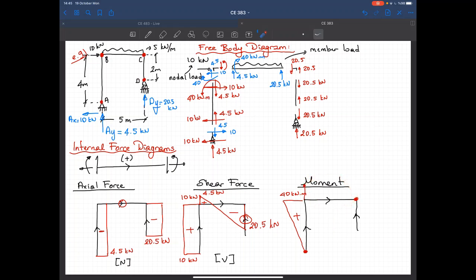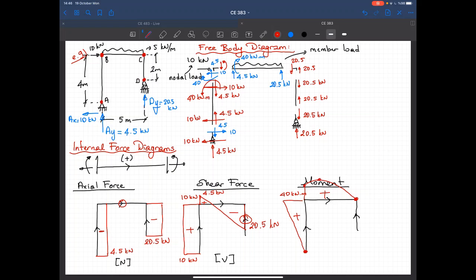So in order to figure that out, I have to take a look at the shear diagram. So the shear diagram tells me that the moment should increase first, and then we have a negative area, which means that after that point it should decrease. So it should increase and then it should decrease, and this is plus.